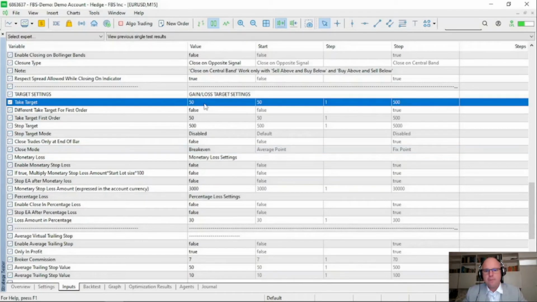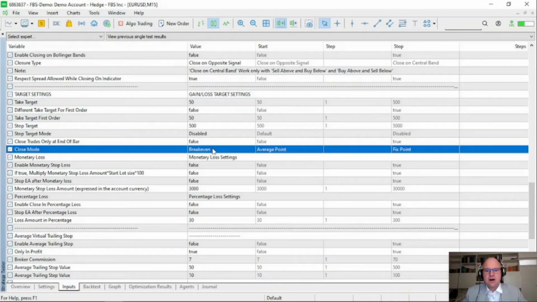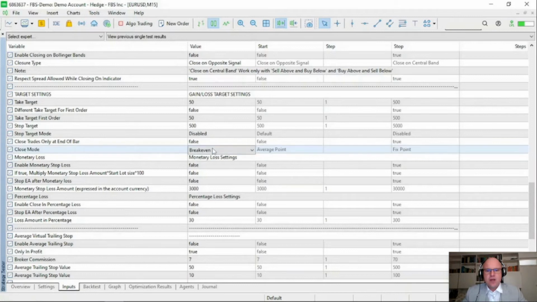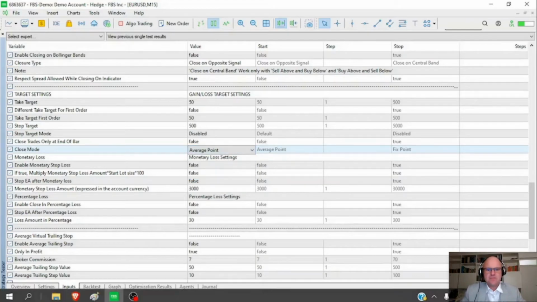Another option is your break even option. What this does is after one trade, when your Dark Venus has placed more than one trade, it will start using it as a break-even point and close all the trades at that point.